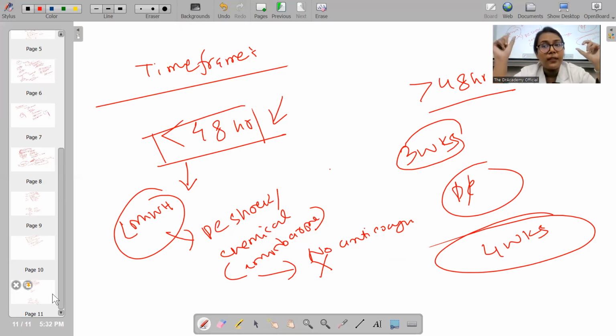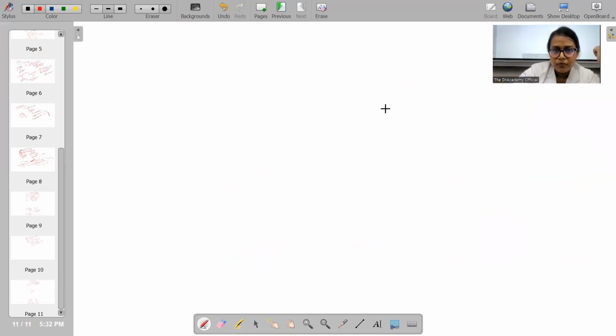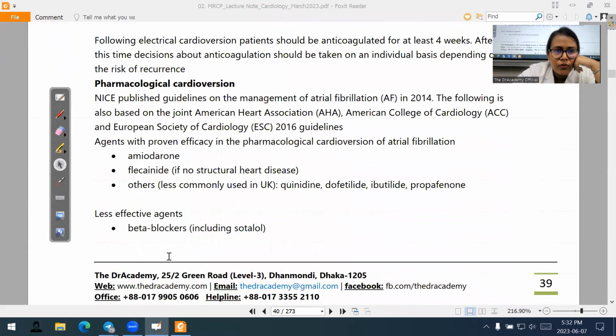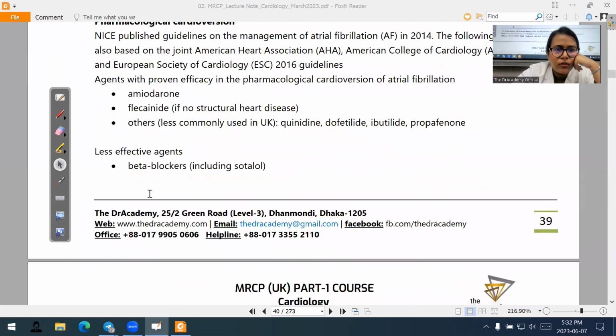Rhythm control strategy, but there is a reversible cause, that's the pneumonia. So give the patient antibiotics, okay? Do you see my point now? All right. Okay. Cardioversion, onset, 48 hours. Okay, pharmacological, discussed this.